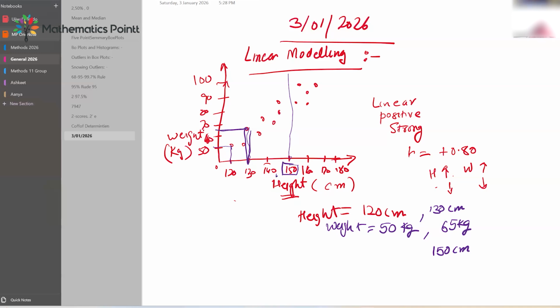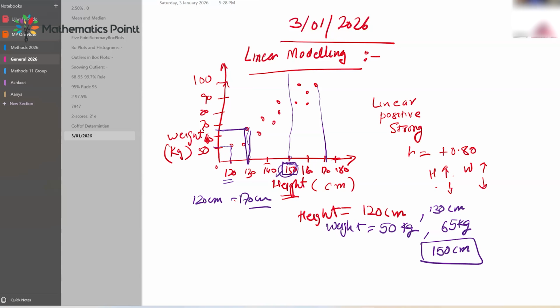I collected data from someone measuring 120 centimeters and went up to 170 centimeters, and I found the weights of all of them, but I still missed someone at 150 centimeters. So how do I find the weight of this person without going back and doing an experiment to find this person? How do I do it?